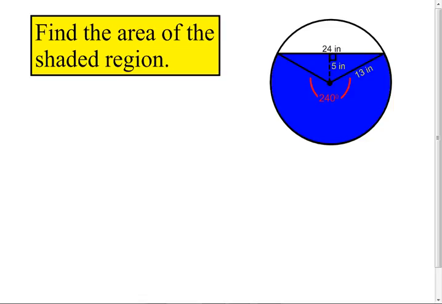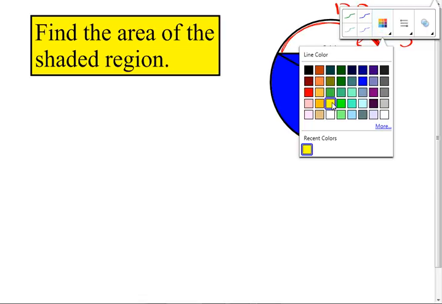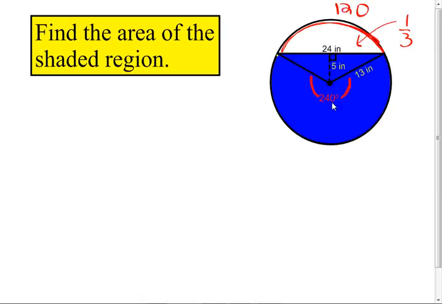If this is 240 degrees right here, how big is this arc? 120. This was 1/3 of the circle, so what's the blue part? Now be careful with this. I'm going to show you 2 ways to do this.